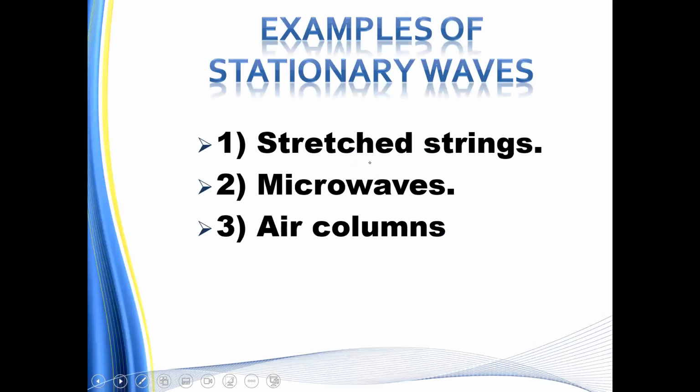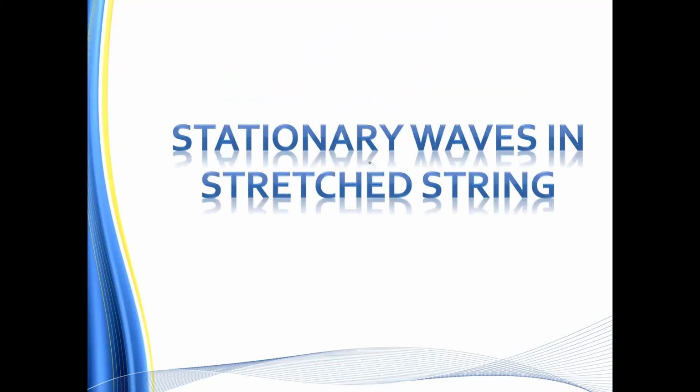Stationary waves are categorized in different ways. For example, stretched strings like a guitar, microwaves like a microwave oven, and air columns, which are called musical instruments. These are the famous examples.